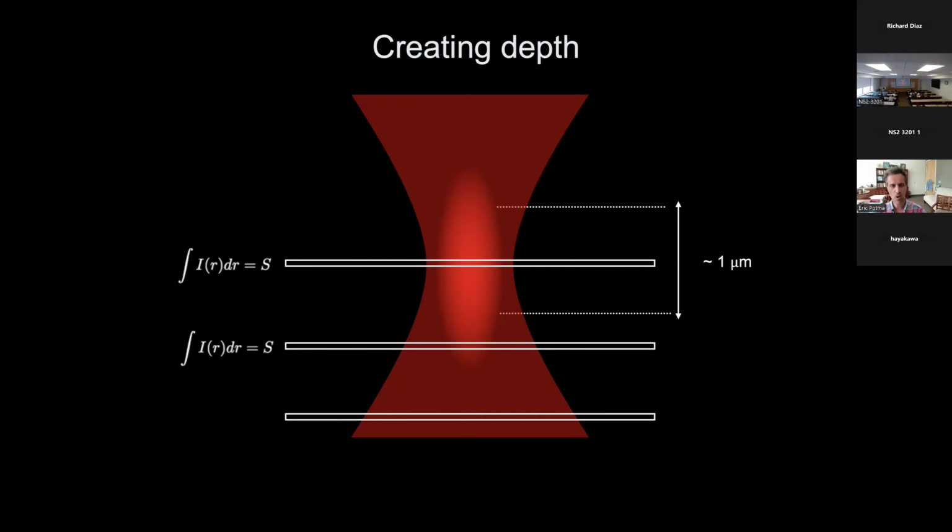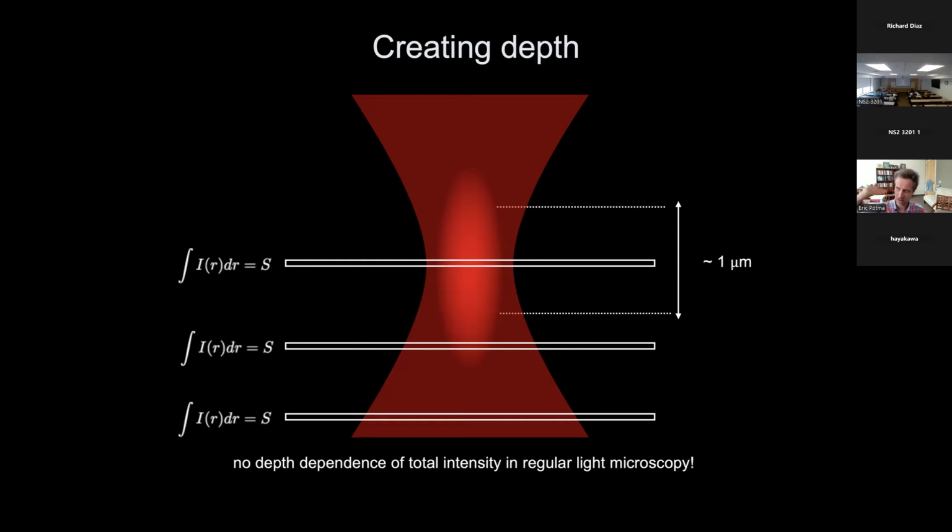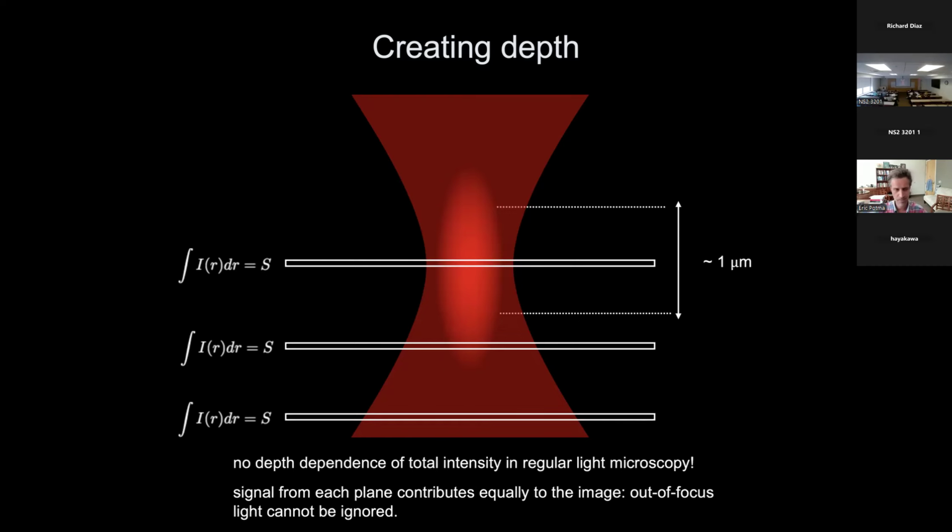So all these planes have the same photon flux through them, and they can all produce optical signals that you will be able to detect. So there is no real depth dependence in terms of the total intensity. The total intensity in regular light microscopy is not optically sectioned, so to speak, because every plane contributes the same in terms of photon flux.